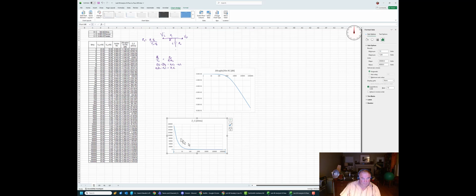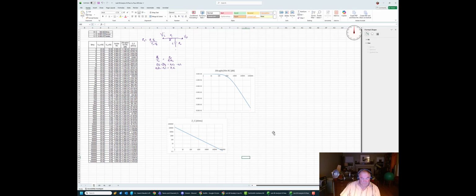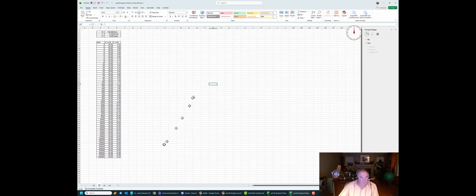So you see that the capacitor is a frequency dependent variable resistor, and that's pretty cool, isn't it? It's a straight line, so you can actually do a fit of that and extract the value of the capacitance. But anyway, for now, this is what the pre-lab is, to set up the table, make these two graphs for the RC, for the CR.